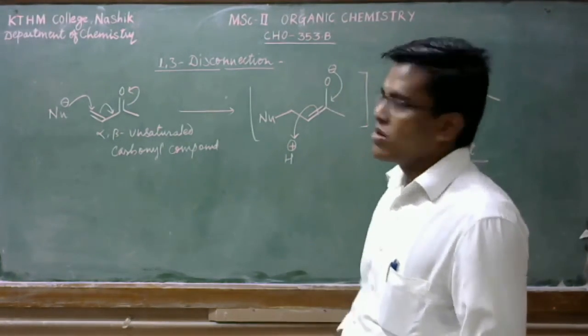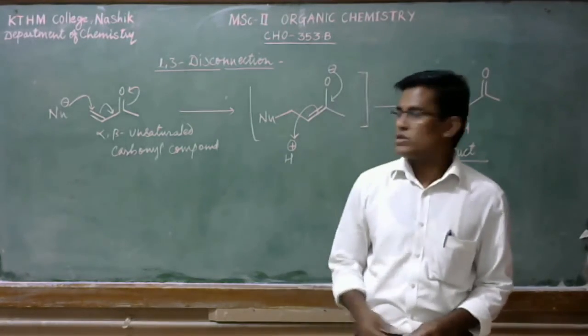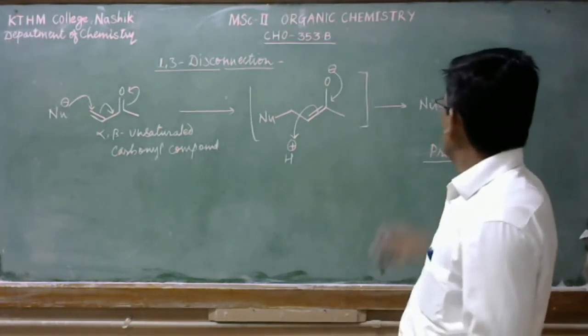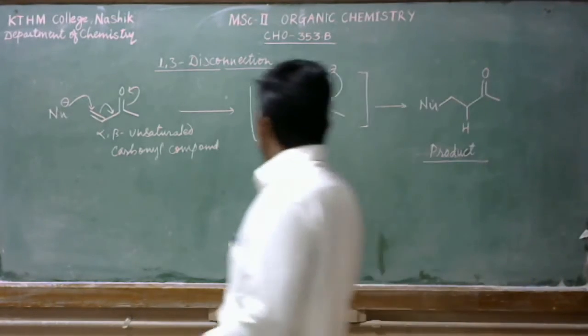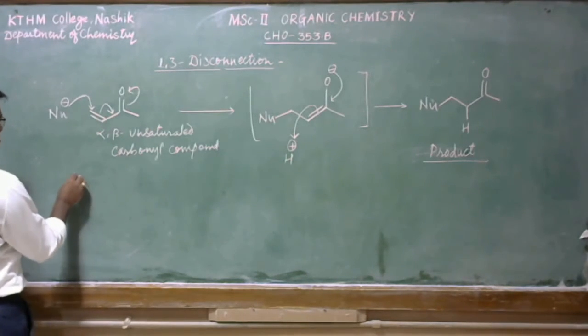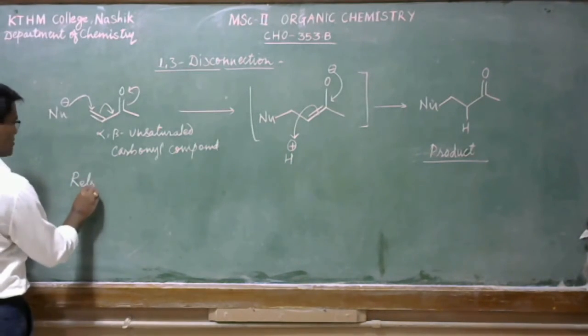This is how this nucleophile will approach this alpha beta unsaturated compound to get this product. So let us have this retrosynthetic analysis which involves this alpha beta unsaturated compound.